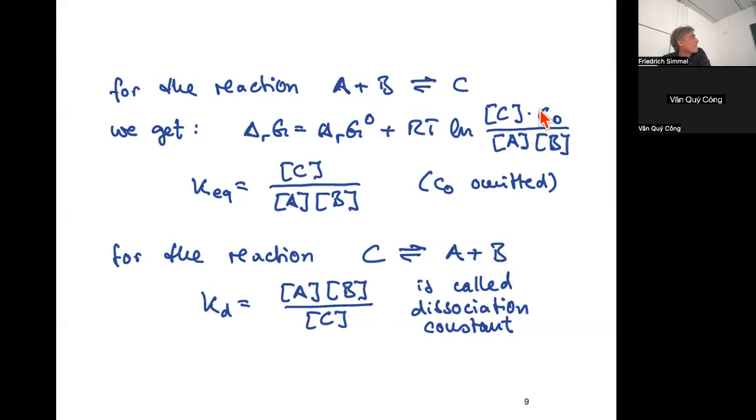Here I actually included this C0, which is the reference concentration. And of course, in most cases, you omit this expression. It depends on the situation whether you actually want to write that or not.